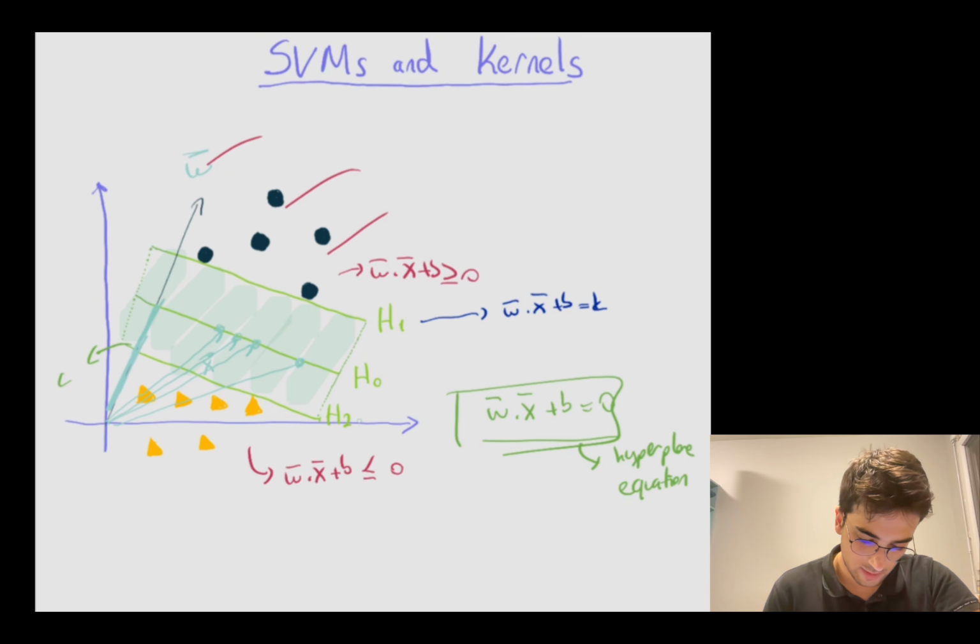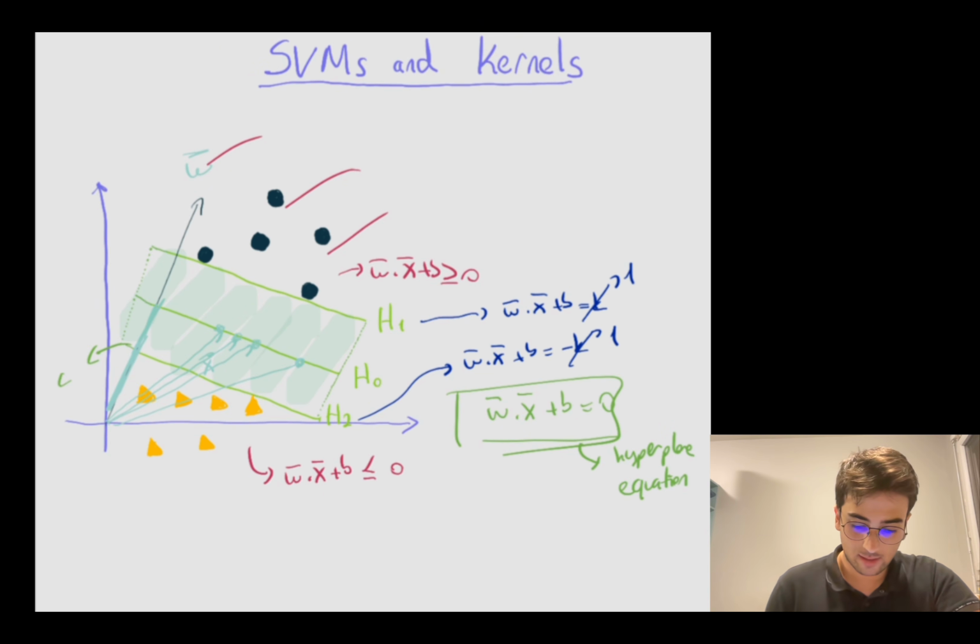The value here. And here, w times x again plus b equals minus k, let's say. And for just mathematical simplicity, let's call them 1, but we know that they are like scalars or floating points. Okay, so we have the H1 and H2 equations also. And this one is the hyperplane equation. 0, equals 1, equals minus 1. Okay?